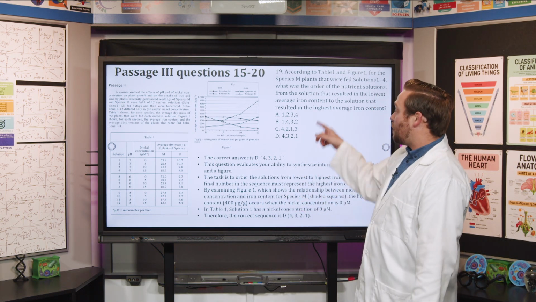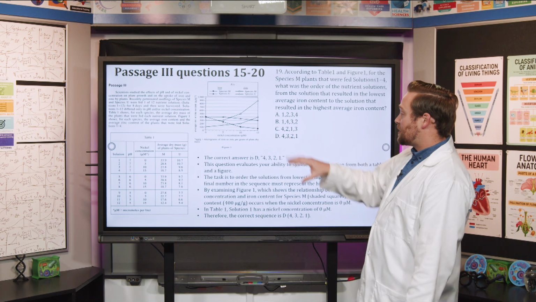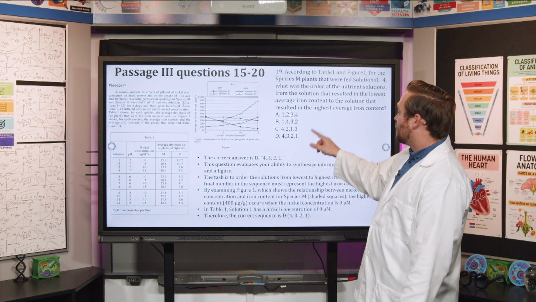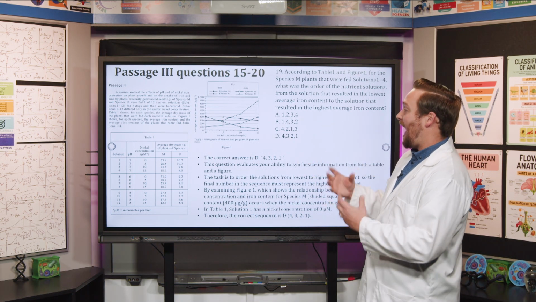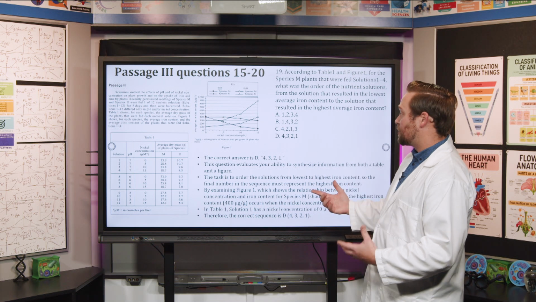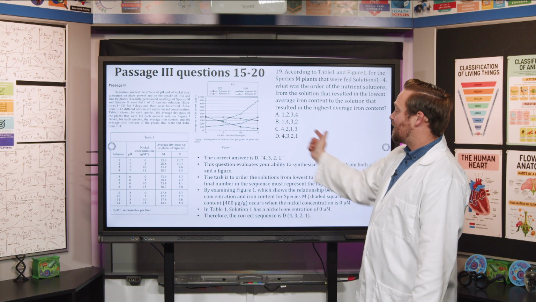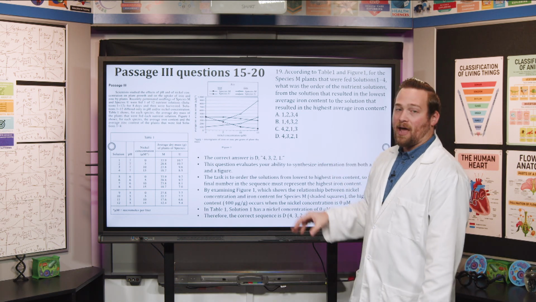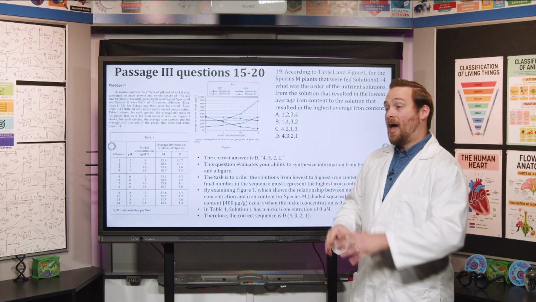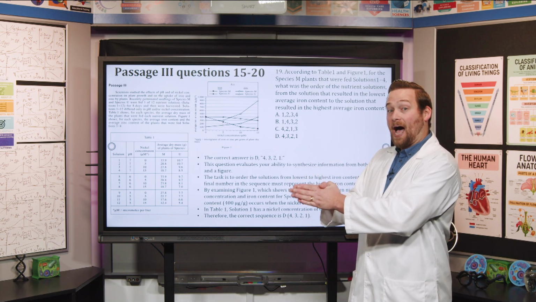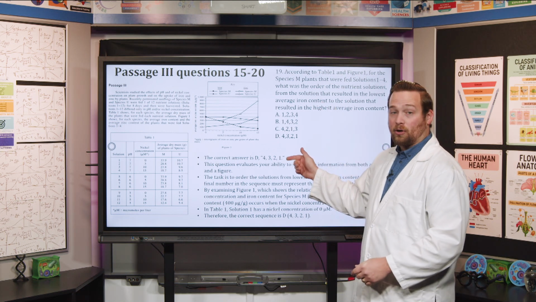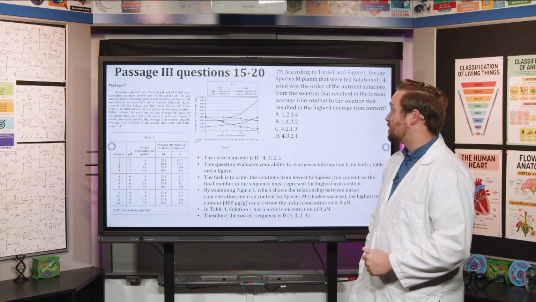Okay, and by looking at this and at the table, I know that Solution 1 had the greatest average there. And because there's only one answer choice with the number 1 last, that tells me that D is the right answer and I don't have to worry about sorting them out. I just found which one had the highest and that gave me the correct answer. So that's going to save you some time later on.